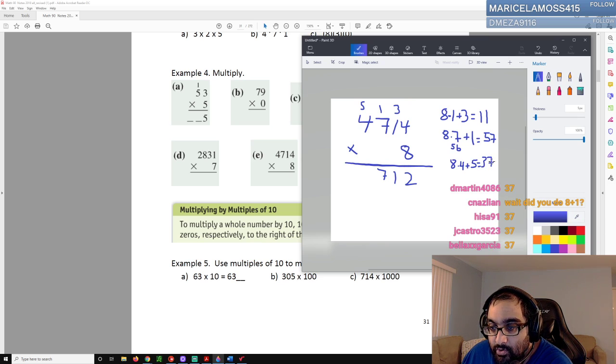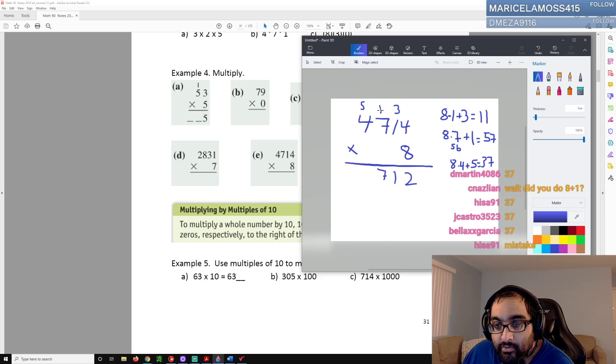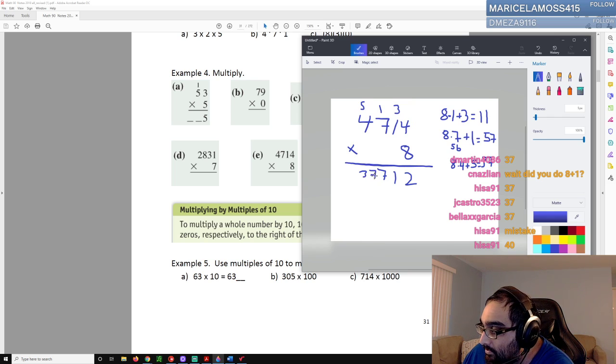So remember, you have to multiply. Oh, you're talking this. Okay. Yeah, this is the 8 times 1 plus 3 here. Remember, you're adding what you put up top here. So again, 8 times 4 plus 5 is 37. That part is correct. No, you're right the first time, Hisa. 37 was right.